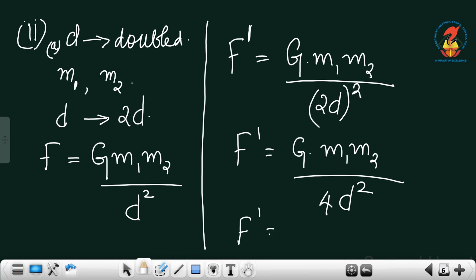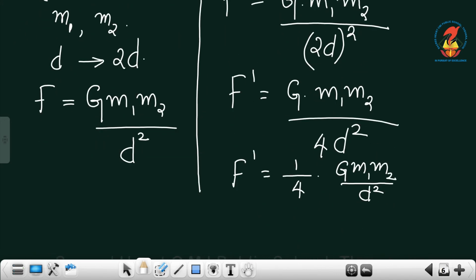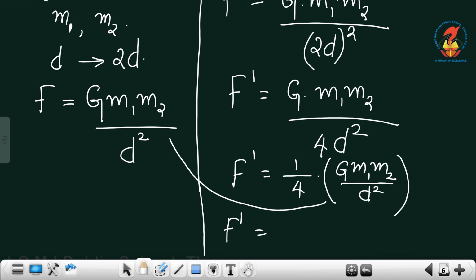That is F dash is equal to 1 by 4 into G m1 m2 by d square. I just rearranged the equation. See, G m1 m2 by d square is the old force. So, F dash is 1 by 4 into the original force.